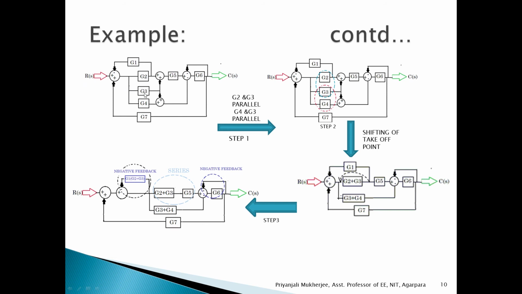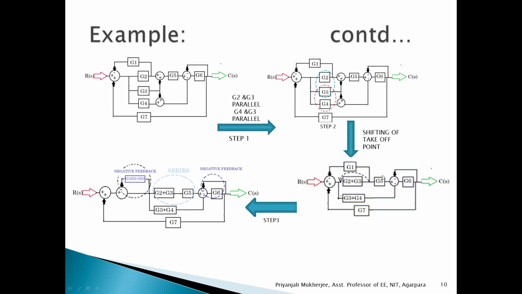That means G2 and G3 are parallel, and G3 and G4 are also parallel. So we eliminate them: G2 and G3 become G2 plus G3 because these two are in parallel, and G3 and G4 become G3 plus G4 because these two are also parallel.